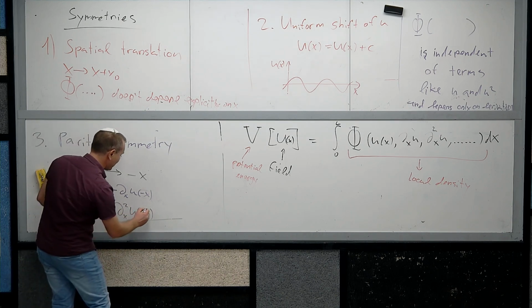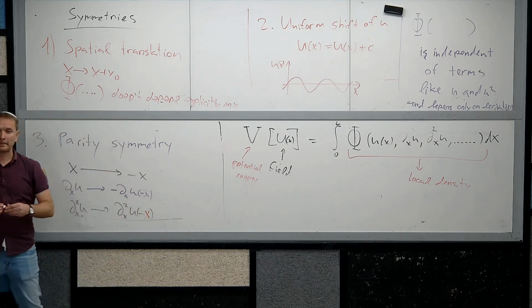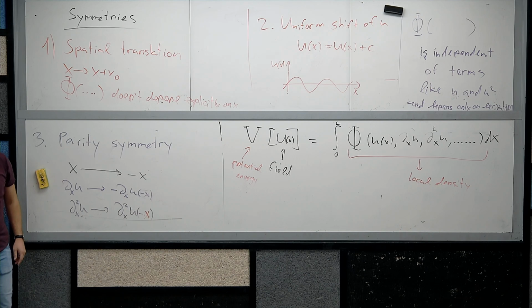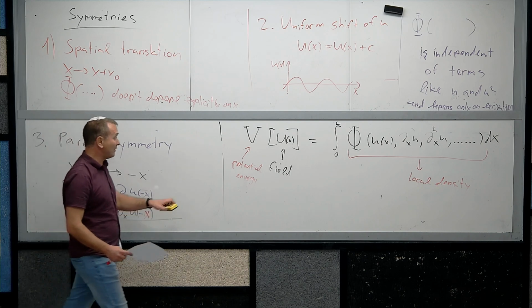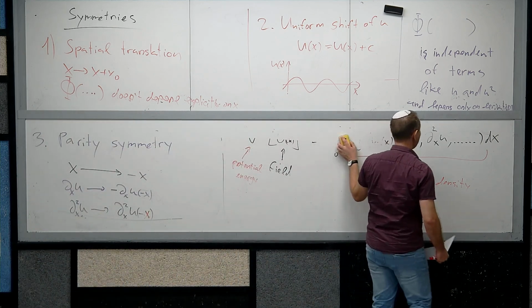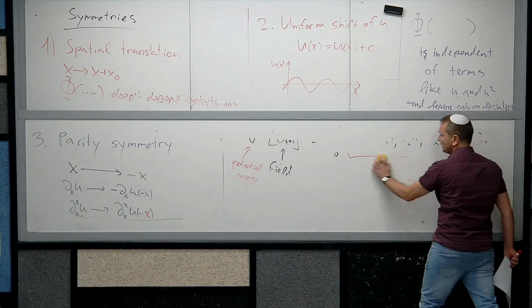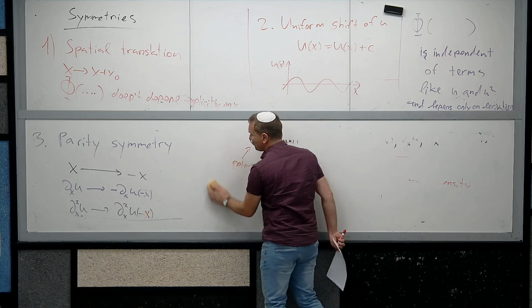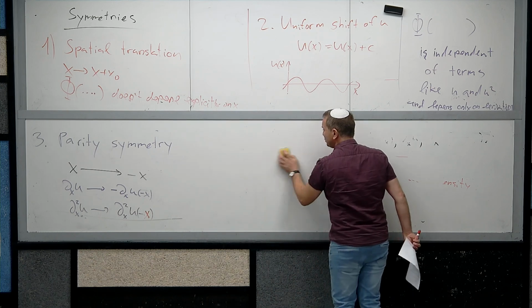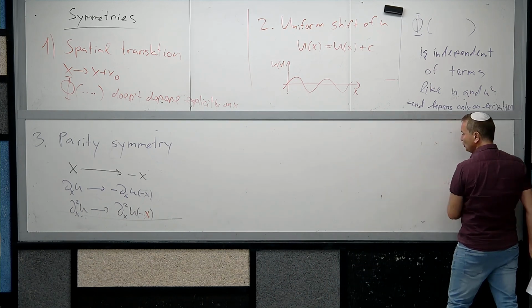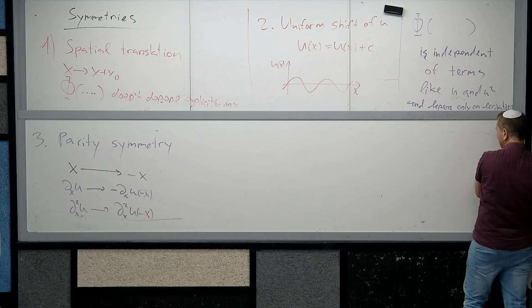Thank you. So therefore, I cannot have simple derivatives. I should have terms that, when x goes to minus x, do not flip their sign, because the potential energy shouldn't be affected by this transformation.